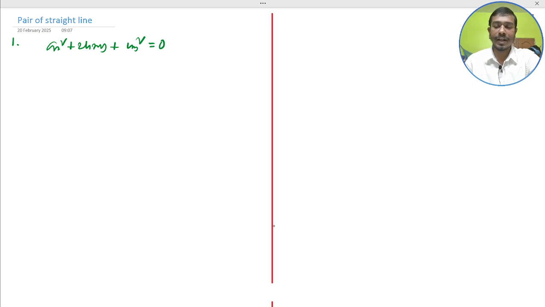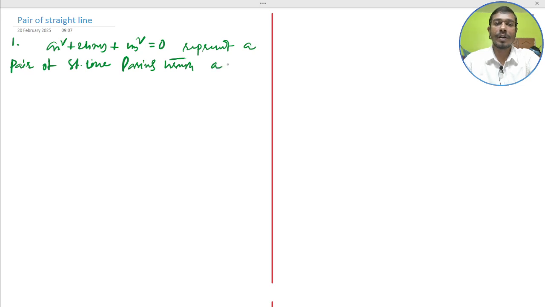Represent a pair of straight lines passing through the origin, if the condition that h square minus ab is greater than or equal to 0.